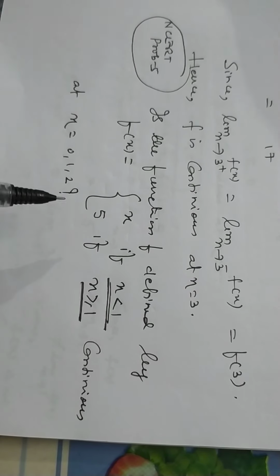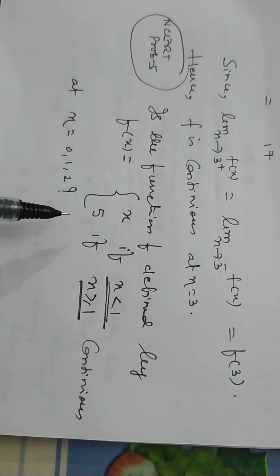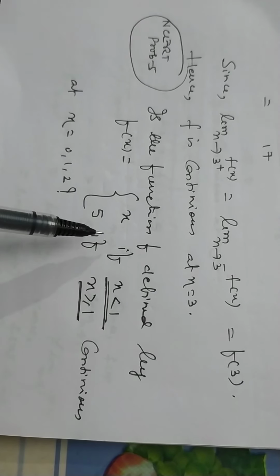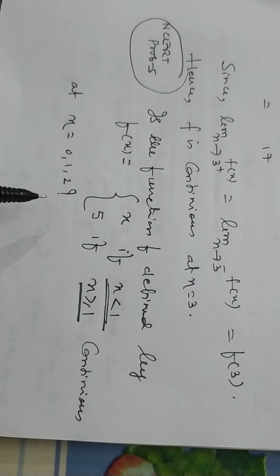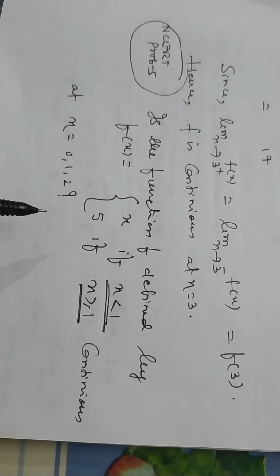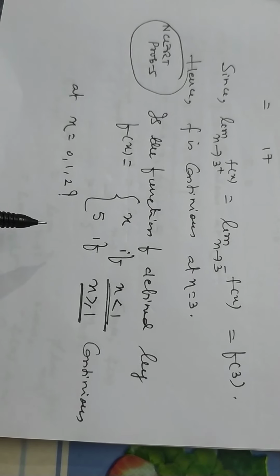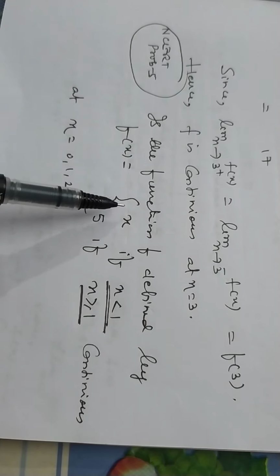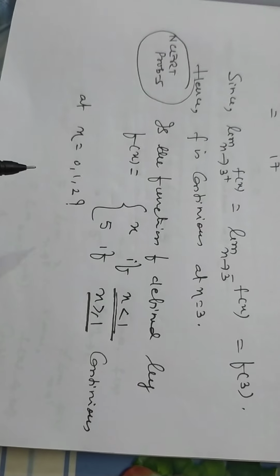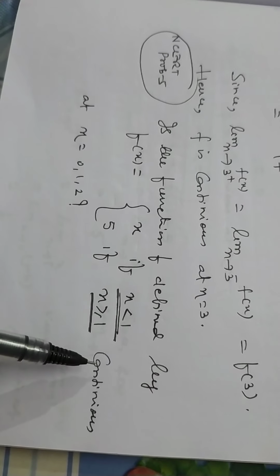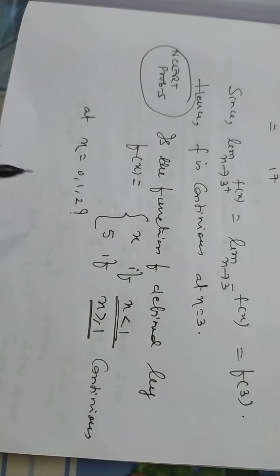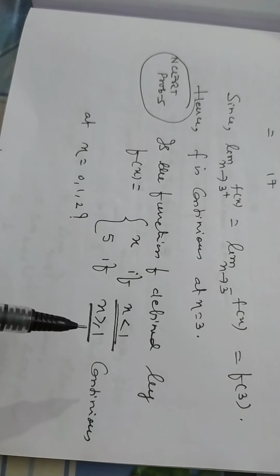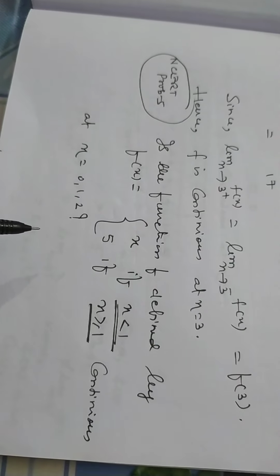And for x less than 1, f(x) = x. For verifying the continuity at x = 1, we take the branch f(x) = x for the left hand side limit, and for the right hand side limit, we take f(x) = 5. And of course the value at the point is 5.